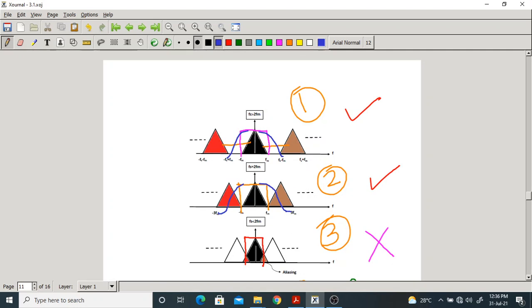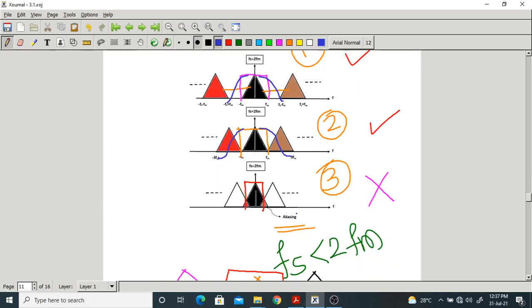Okay, so strictly speaking, recovery is possible only in case 1, but theoretically we can say that recovery is possible in both cases, case 1 and case 2. But in case 2 you need an ideal low pass filter, which is not realizable practically. In case 3 it is impossible to reconstruct even if you use an ideal low pass filter.